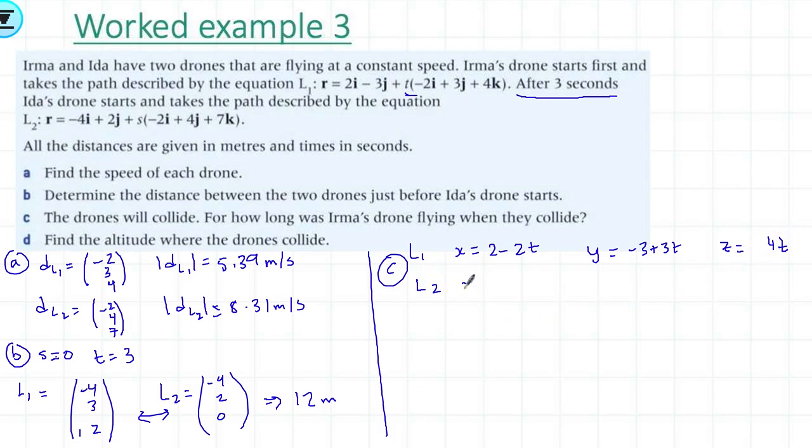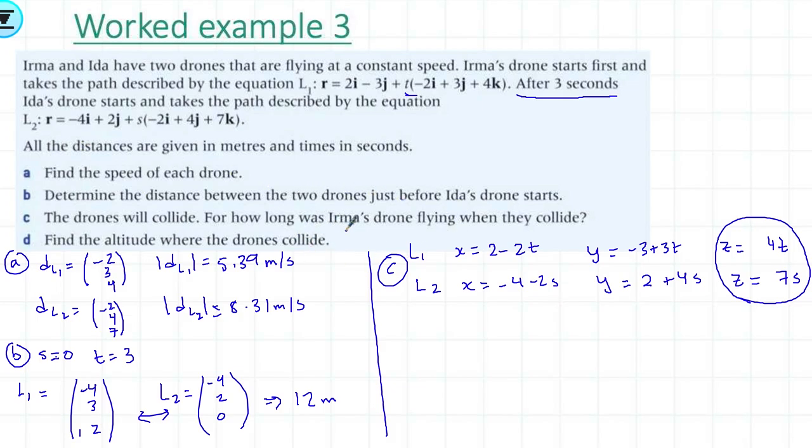And for L2, we have that x is minus 4 minus 2s, and y is 2 plus 4s, and z is 7s. So this is actually nice because I have easy components that I can deal with here. Before I start solving, I can merge them all together, solve simultaneously, and so on.